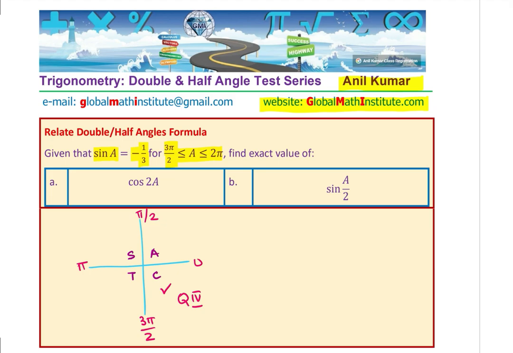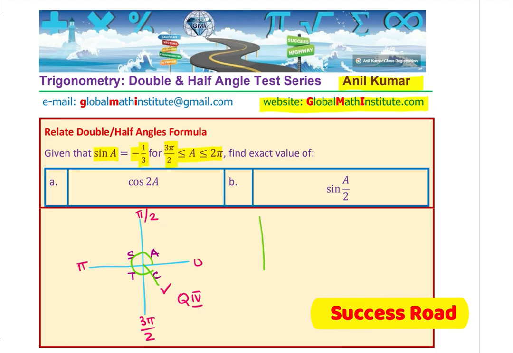We know that in quadrant 4, cosine is positive. So somewhere here we have A, right? Now we are given that sine A is minus 1 over 3. So clearly, sine has to be negative because you are in quadrant 4.